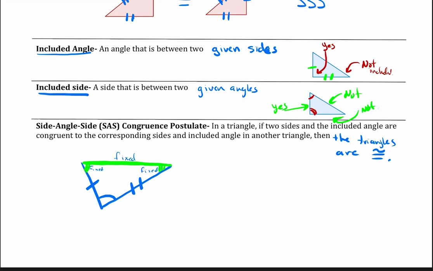Okay, so this is side, angle, side. Again, the angle has to be the included angle. So if we have side, angle, side, then there's only one triangle that you can make, which means that any triangle that has side, angle, side matching between two means those triangles are congruent. Okay?